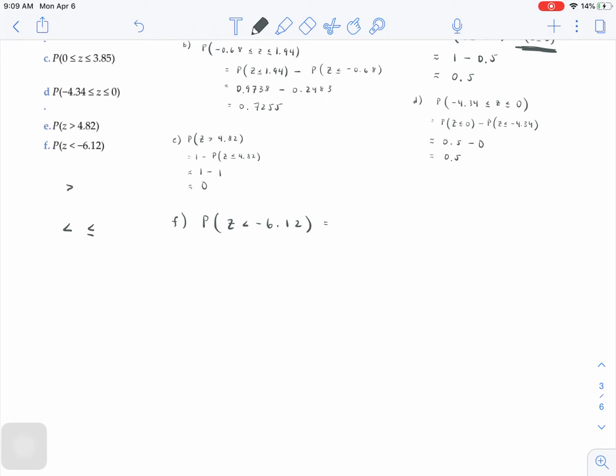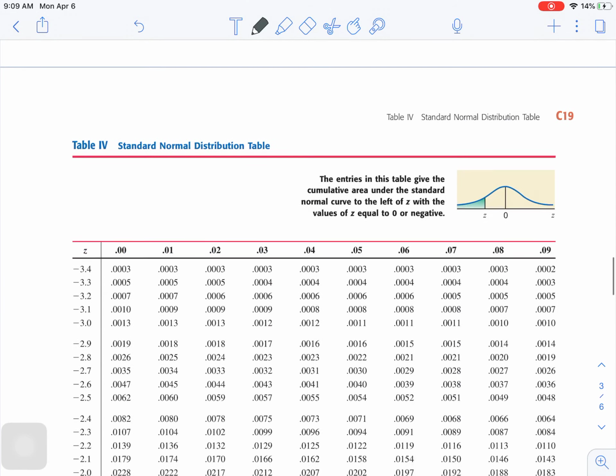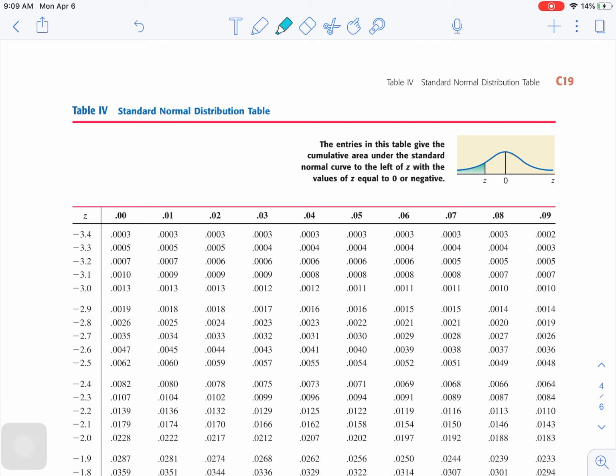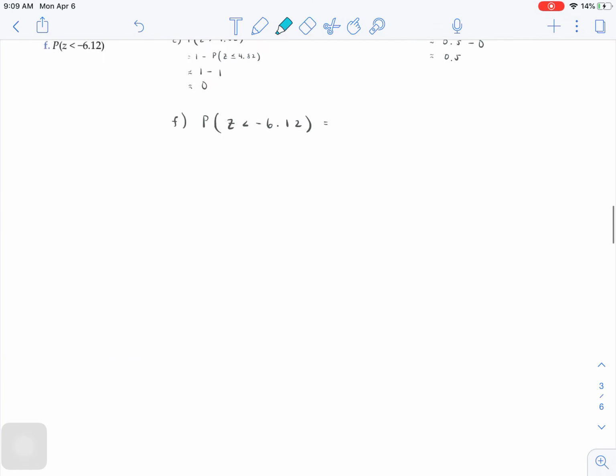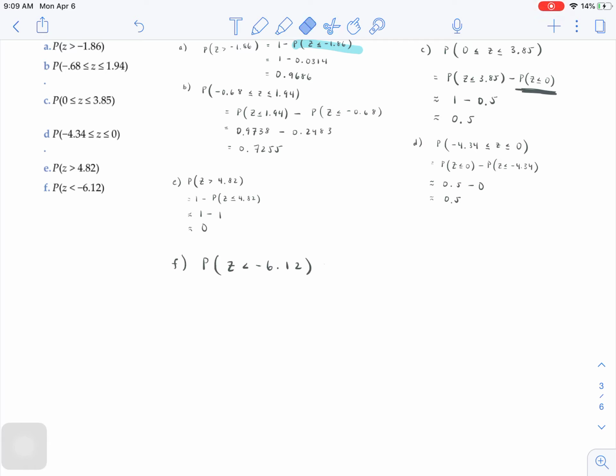We can treat greater than and greater than or equal to signs the same. So the probability that z is less than negative 6.12, I want the area to the left. Negative 6.12 is even smaller than my smallest value on the z table, so I can approximate the area to the left with 0. So the area to the left of negative 6.12 is approximately 0.